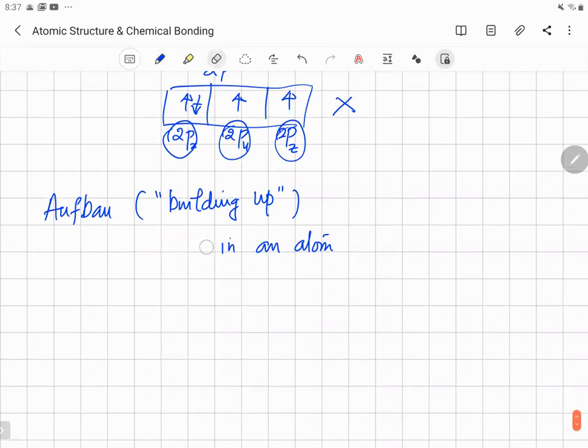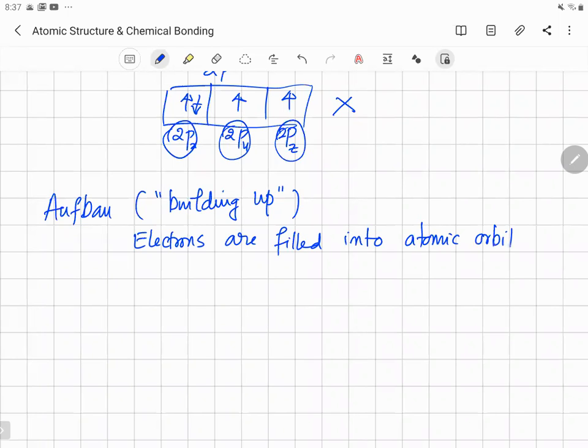Or I would write like this: electrons are filled into atomic orbitals in the increasing order of their energies. This means the energy of atomic orbitals.